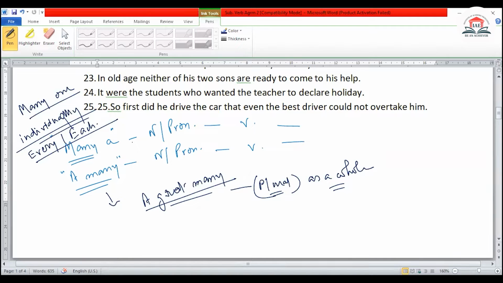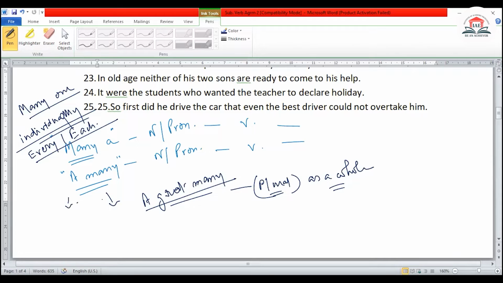Still we keep singular noun and singular verb. Each candidate is eligible for cracking the exam, right? Each candidate, by this phrase we mean all of the candidates. Still we use singular verb, singular pronoun or noun.